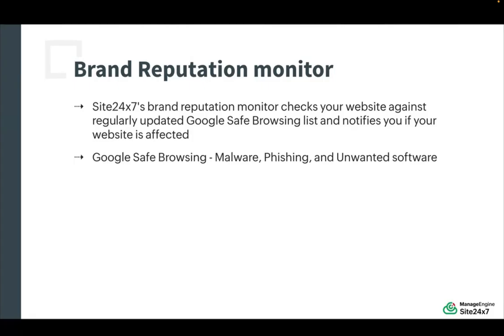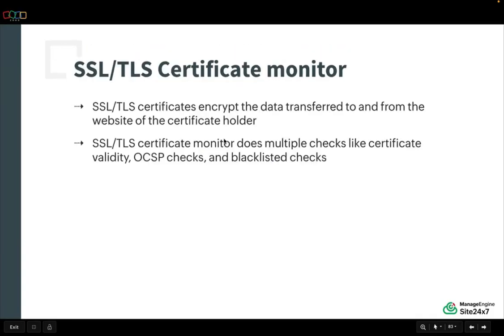So we'll continuously check Google's Web Risk list, and if the domain is present there, we'll immediately alert the user, so that we can make the reputation of that domain safer and have it working continuously.